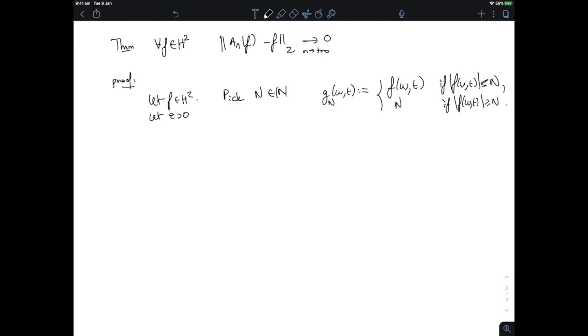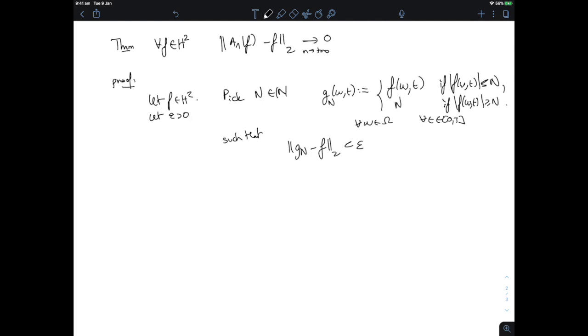Right, so if you define that for every omega in Omega and for every t in [0,T], then you have that g_N is in L infinity, it's smaller than capital N, and you can choose it such that g_N minus f in L2 norm is smaller than epsilon, right?